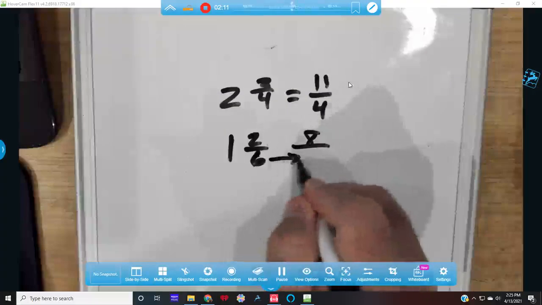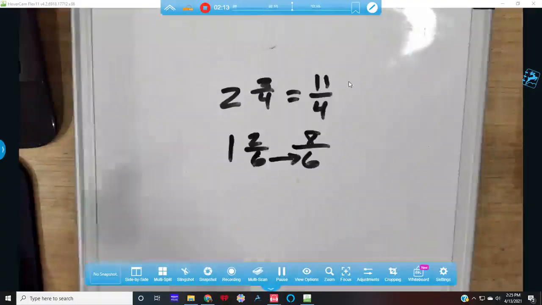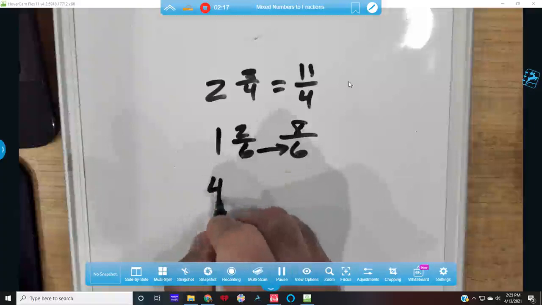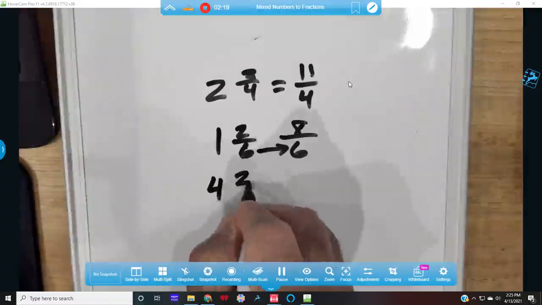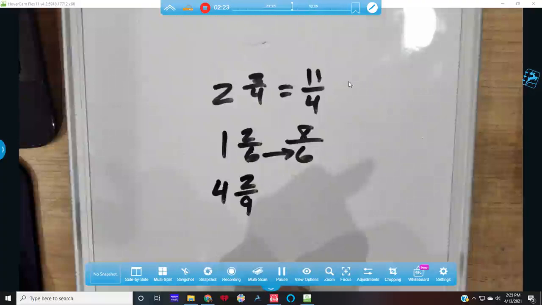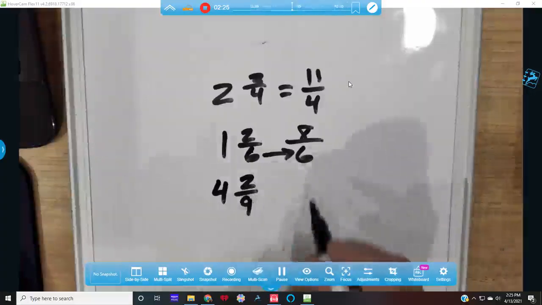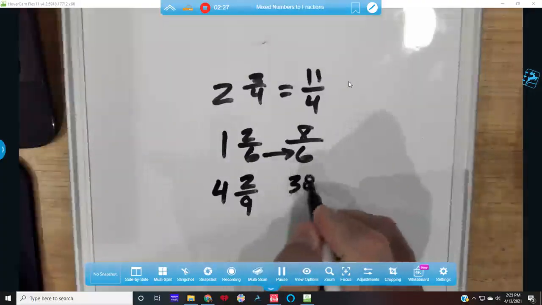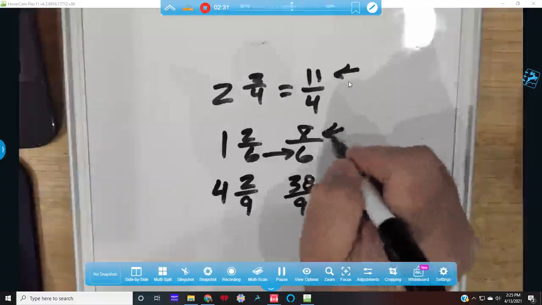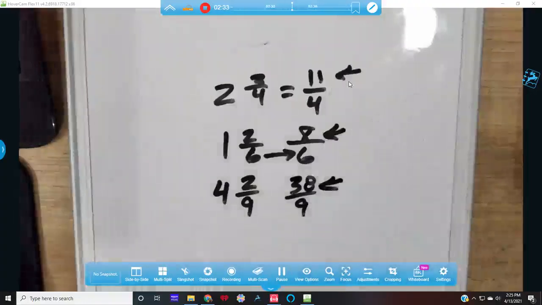My denominator stays the same, so I get 8/6. Okay. If I have 4 and 2 ninths, 9 times 4, 36. There's 37, 38. 38 ninths. You notice bigger, bigger, and bigger.